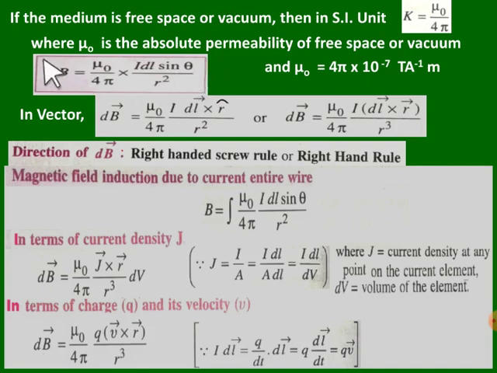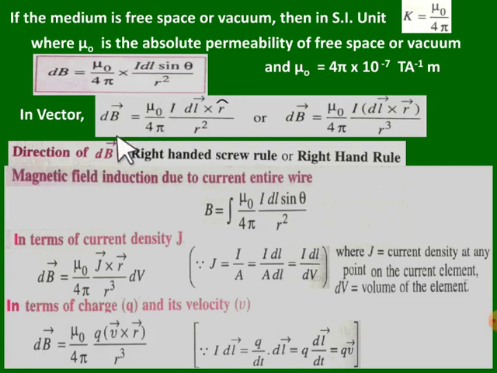This is the magnitude of the magnetic field that is produced by that elemental current carrying conductor at distance small r from it, and theta is the angle between the position vector r and I dl.